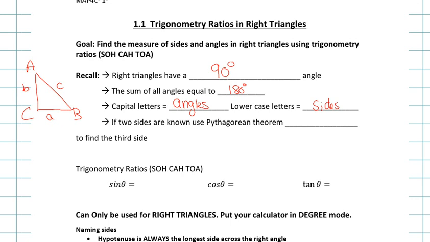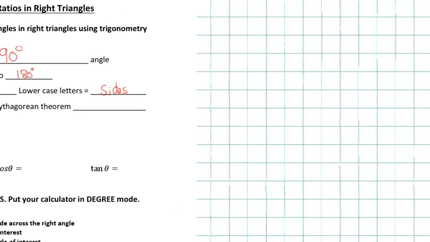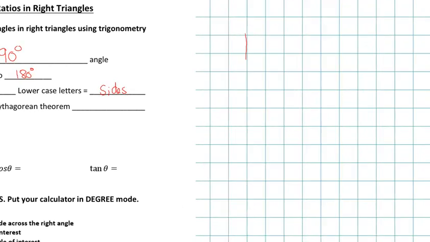Now, do you guys remember the Pythagorean theorem? Okay, so the Pythagorean theorem is used in a right angle situation, and it's used when I have two sides and I'm looking for the third.